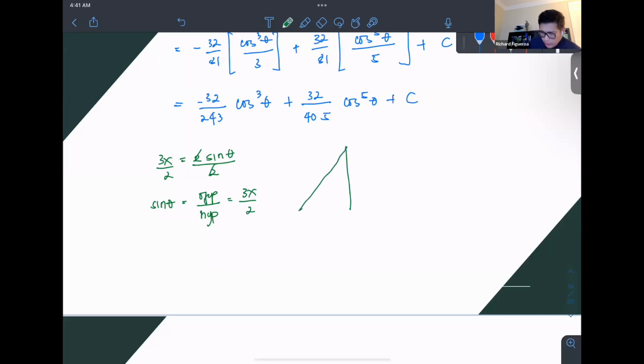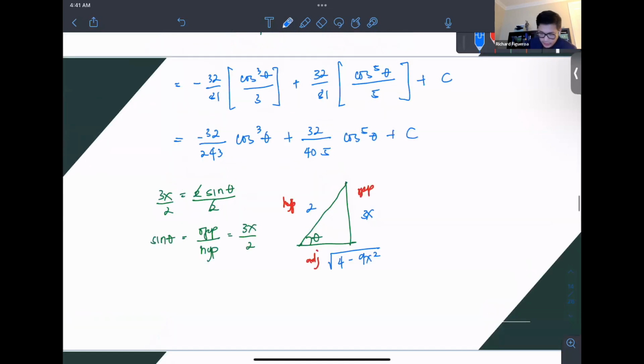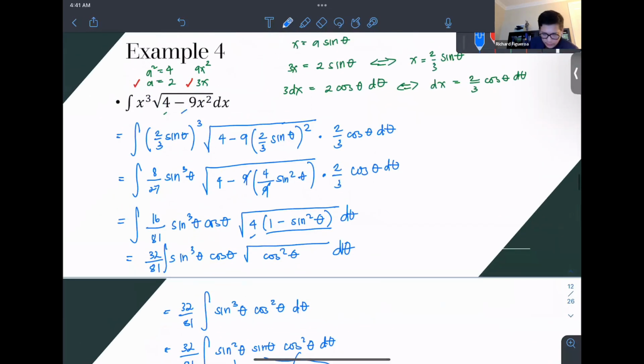If we write the triangle there, this is theta, our opposite, adjacent, hypotenuse. Our opposite is 3x. Our hypotenuse is 2. So therefore, our adjacent side then will be the square root of 4, since 2 squared is 4, minus 9x squared. Which is the original? Okay, this one.